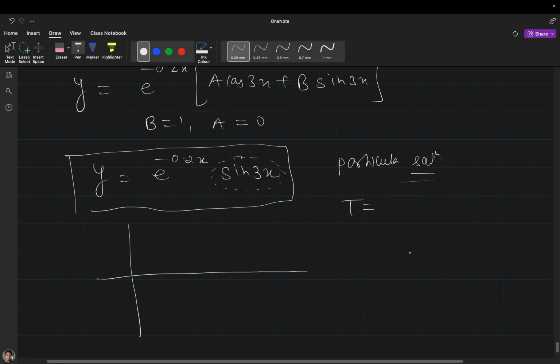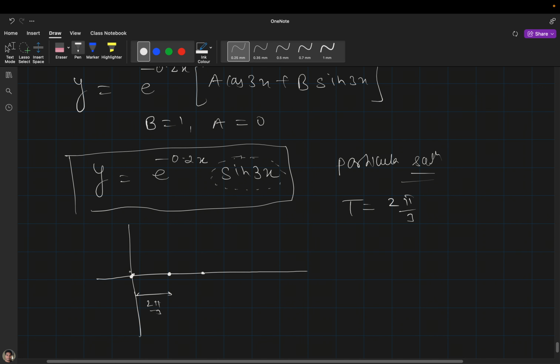Two pi by 3. Good. Which means that periodicity will remain existing.